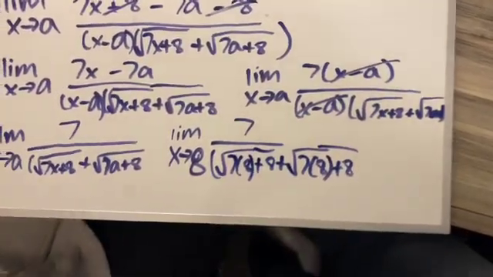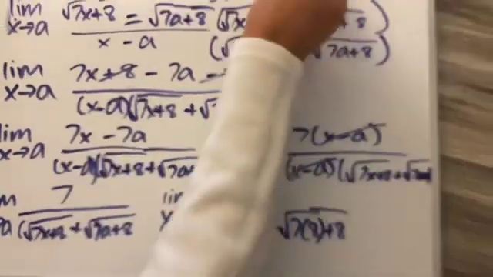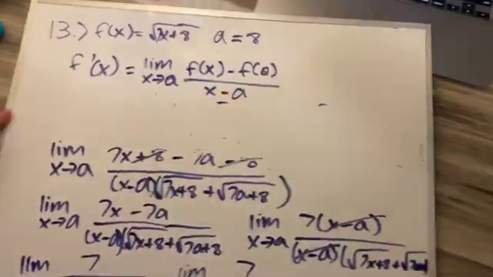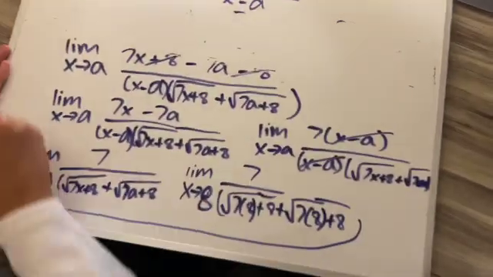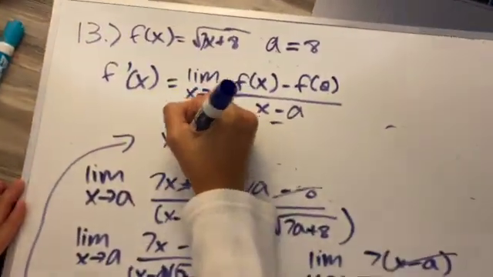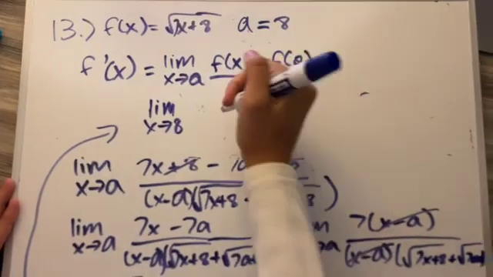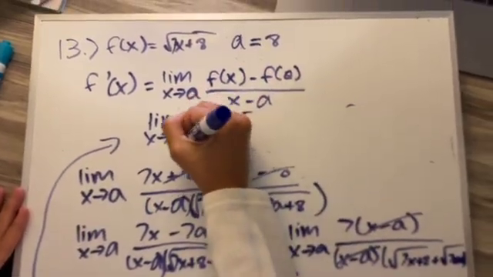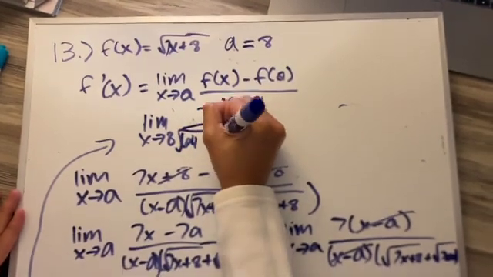Okay. And then I'm just gonna erase up here, give me some more space. And then, hopefully that makes sense, the limit as x approaches 8 equals 7 over the square root of 64 plus the square root of 64.